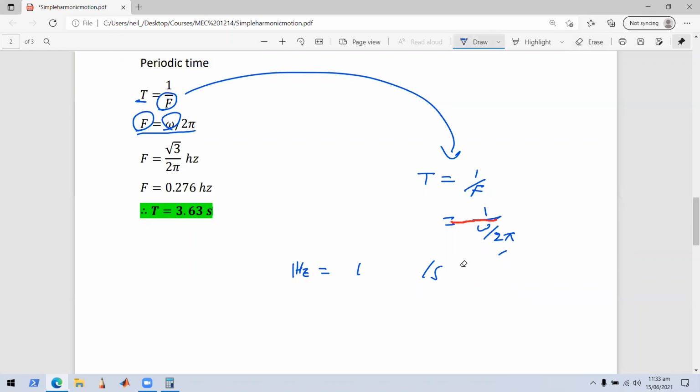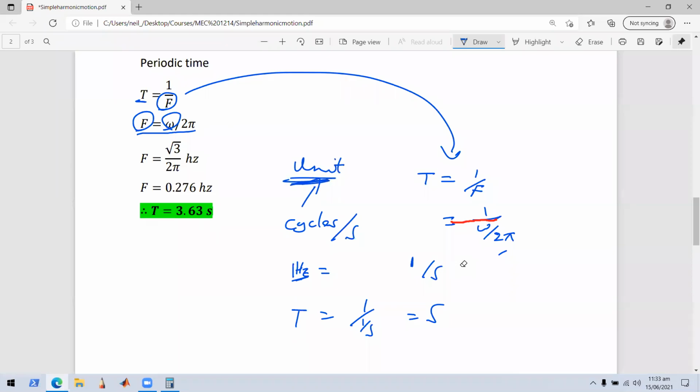We could just say the unit is per second, 1 upon S. So when we do T is equal to 1 upon F, and the unit for F is 1 upon S, this flips, so it just becomes S. So the units work out. So a hertz is the number of cycles per second, assuming cycles are unitless.